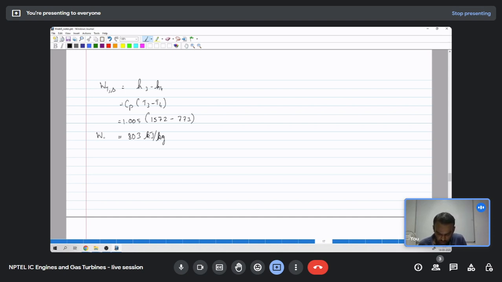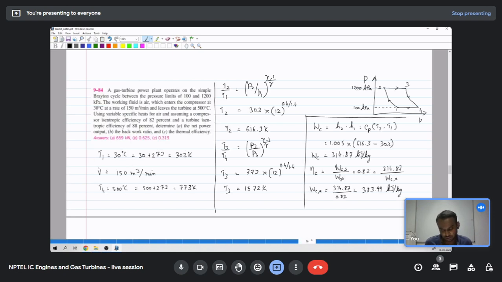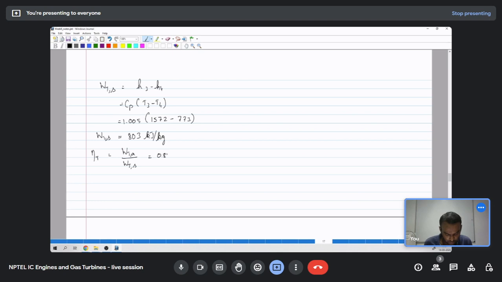Now, using the expression for the turbine work, we will have turbine actual work output divided by turbine isentropic work output, which is the efficiency for the turbine, given as 0.88. So 0.88 is equal to turbine actual divided by turbine isentropic, which is 803. So turbine work actual is 0.88 into 803.